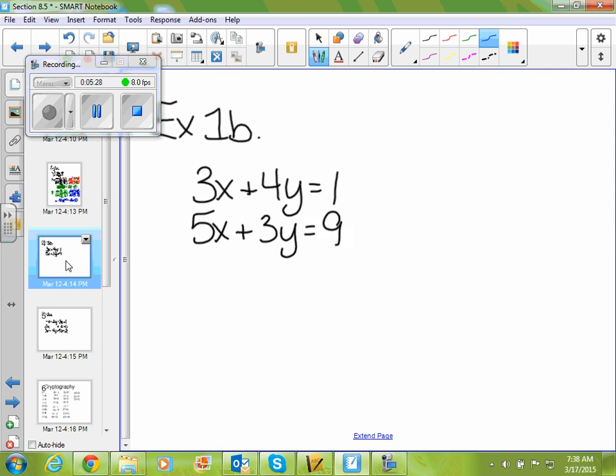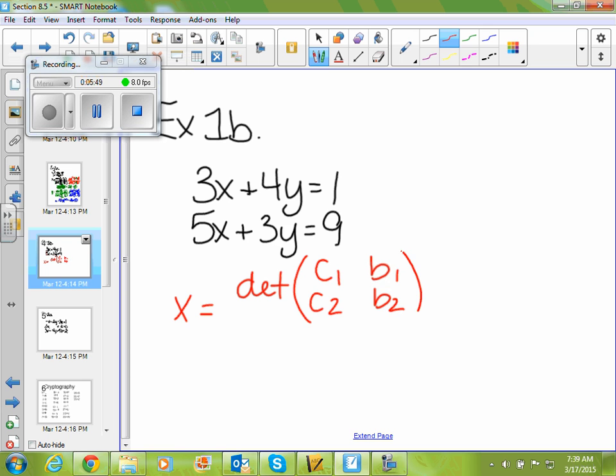Okay, so if I do the same thing for example 1b, 3x plus 4y equals 1, 5x plus 3y equals 9. I want to start by finding my x. I know that x is my determinant of c1, b1, c2, b2, divided by the determinant of my leading coefficients a1, b1, a2, b2.